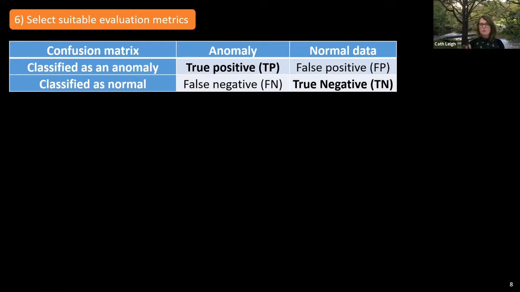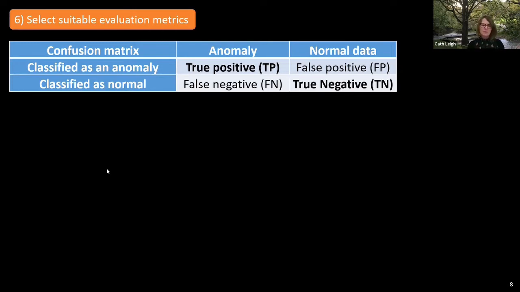If we have normal data and our anomaly detection algorithm detects it as normal, it's a true negative. But if it detects it as an anomaly, it's a false positive. And one possible benefit of the last couple of years with COVID is that we may be all a bit more familiar with this terminology now.